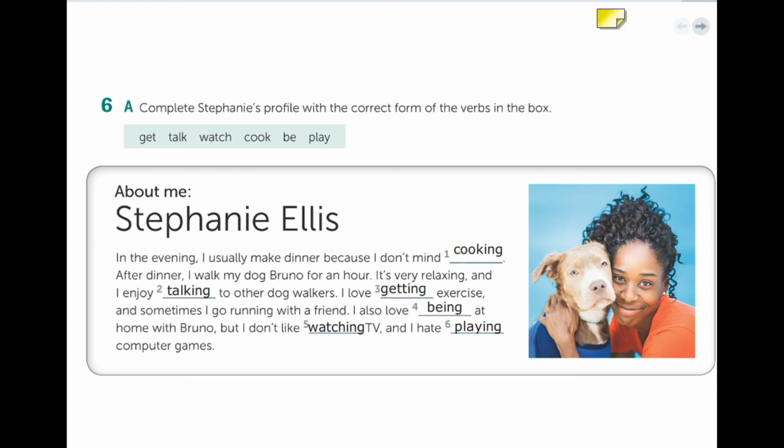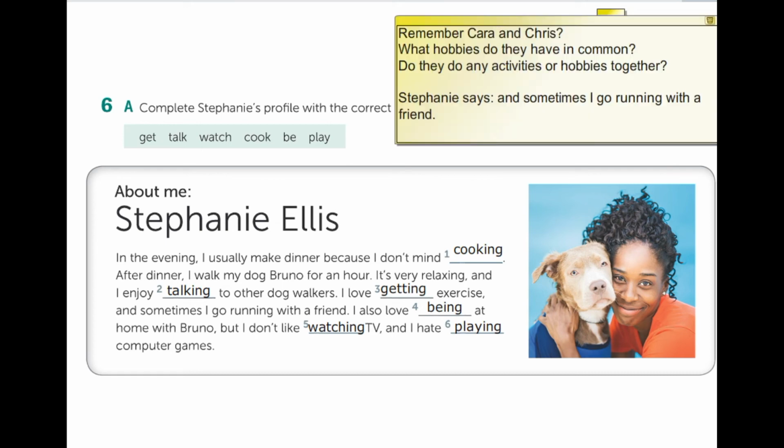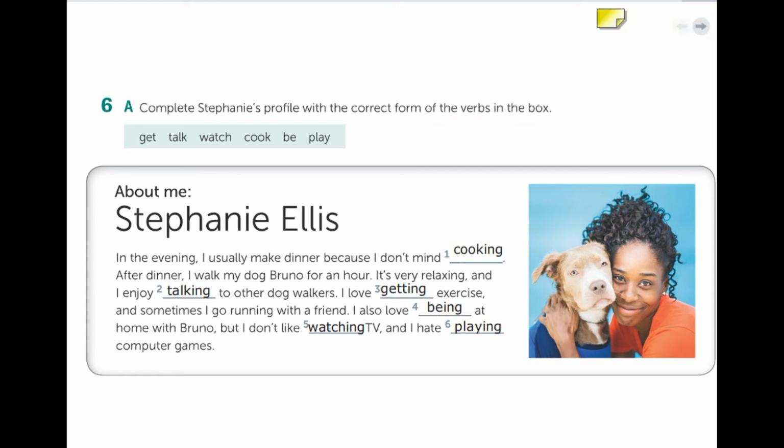And number 6, I hate playing computer games. As you can see, all the verbs after mind, enjoy, love, like in the negative, I don't like, and hate are in the ing form, in the present continuous tense.